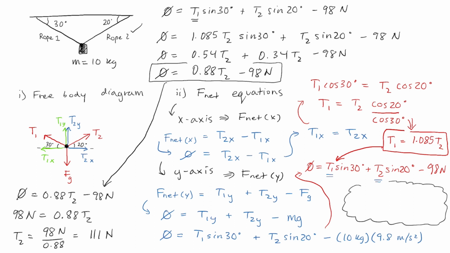Well, we know that T1 is equal to 1.085 times T2. So all we need to do is plug in our value for T2, and we find that T1 is equal to about 120 newtons. And so now we have the tension in rope 1, which is about 120 newtons, and the tension in rope 2, which is about 111 newtons.